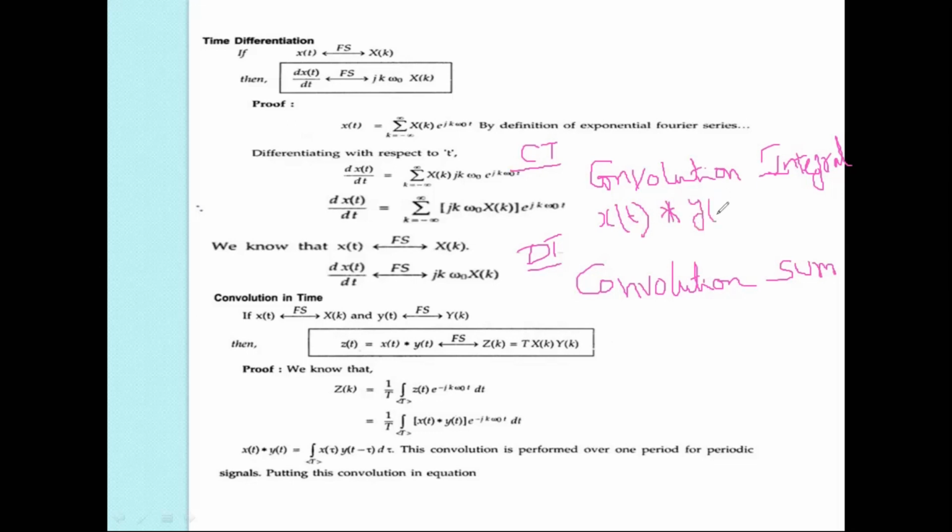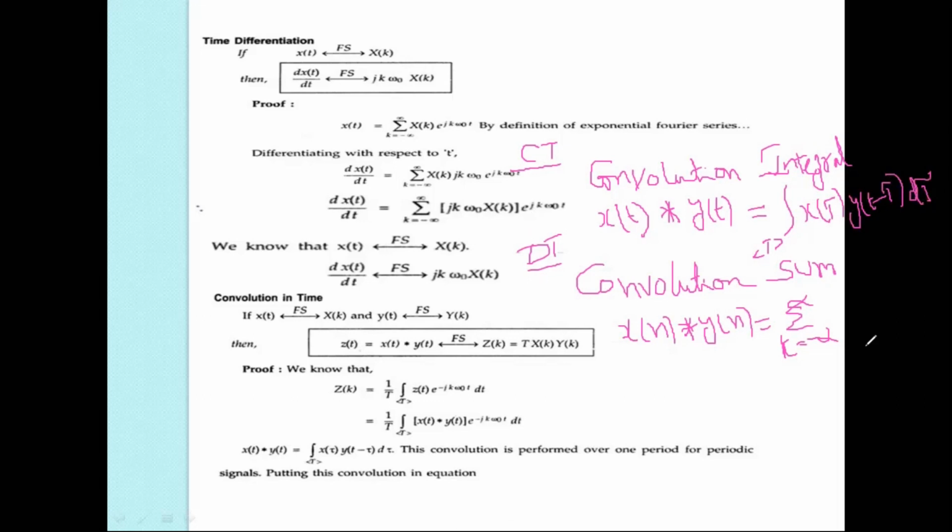For continuous time, y of t is equal to the integral from minus infinity to infinity of x of tau, y of t minus tau, d tau.